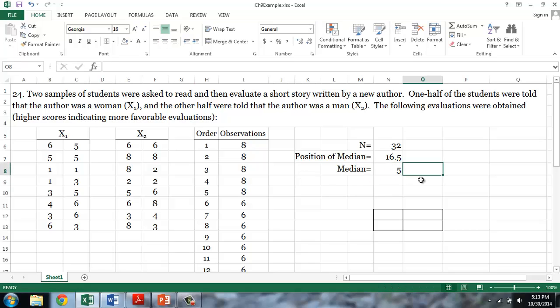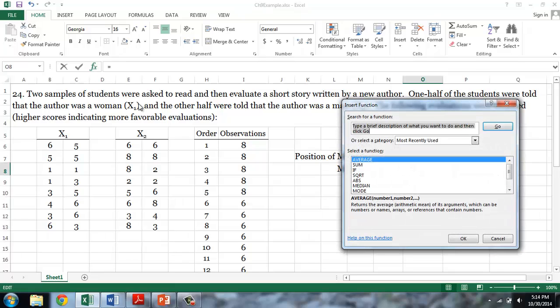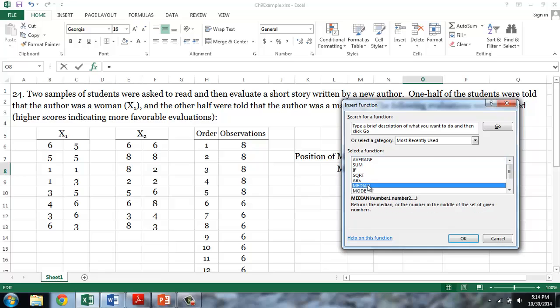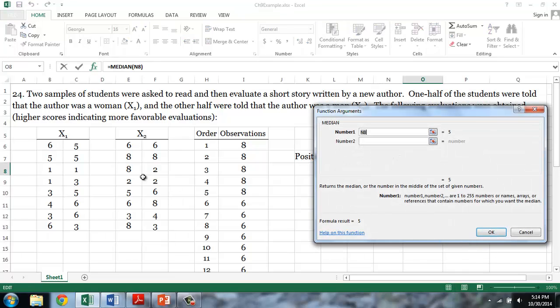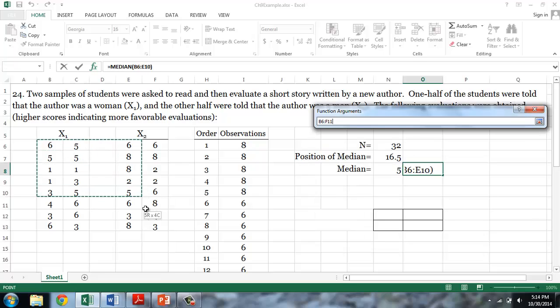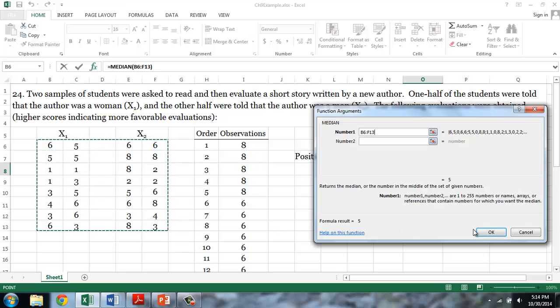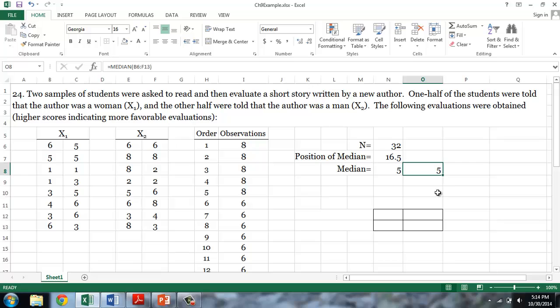Now, since we have a list of numbers, we can actually use Excel's median function to determine the median as well. If we select Insert Function and Median, and select all of our numbers, you'll notice that it also gives us the result of 5.